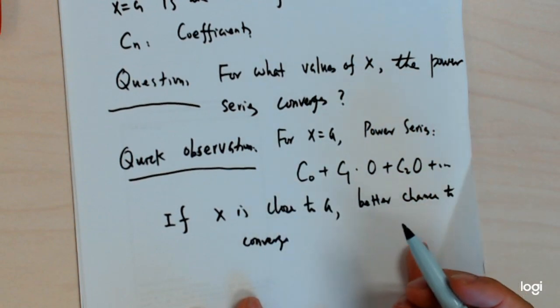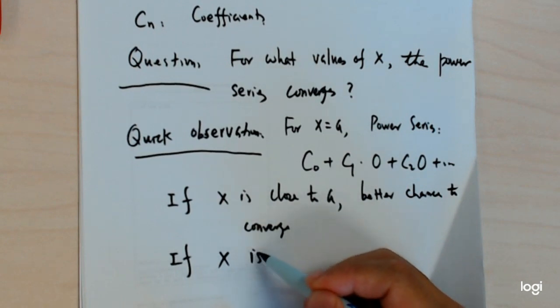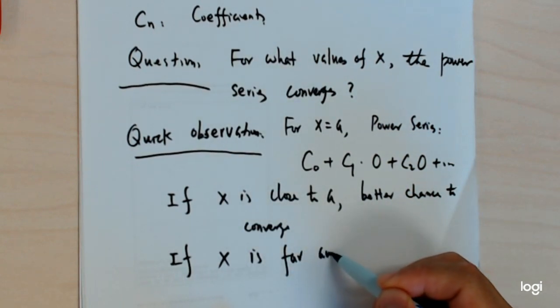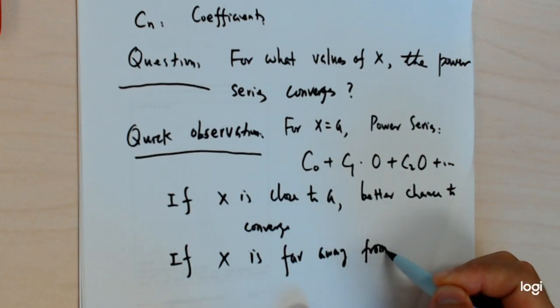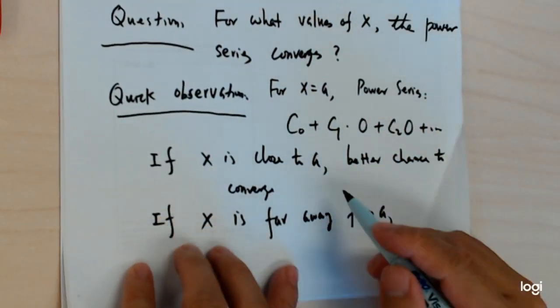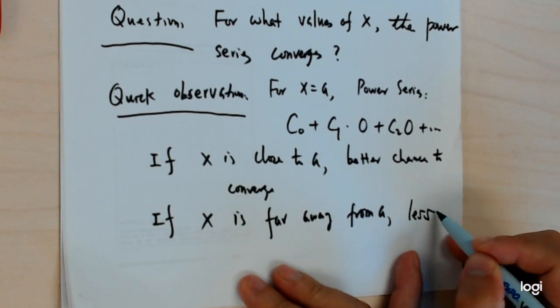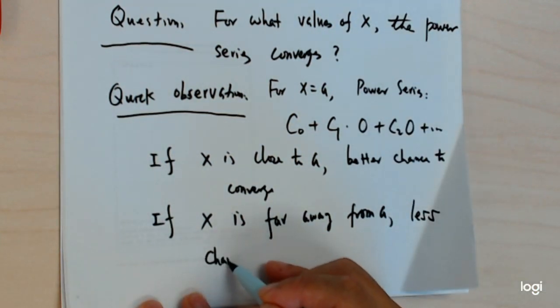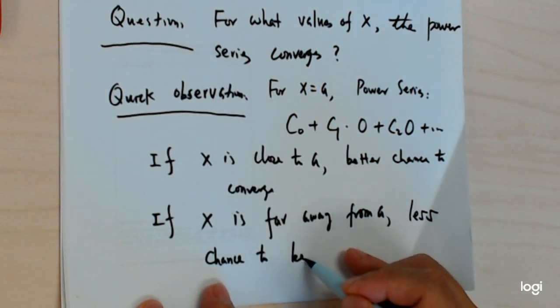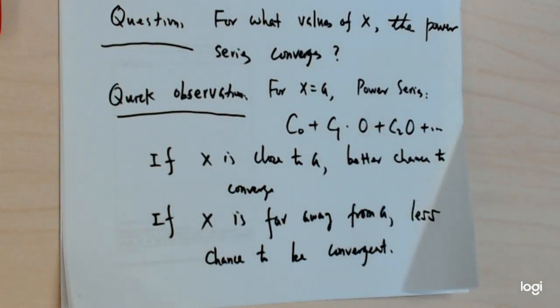In other words, better chance to be a finite number. If x is far away, all those power terms will become bigger. Less chance to be convergent. I hope that makes sense. So this is what intuition tells us.